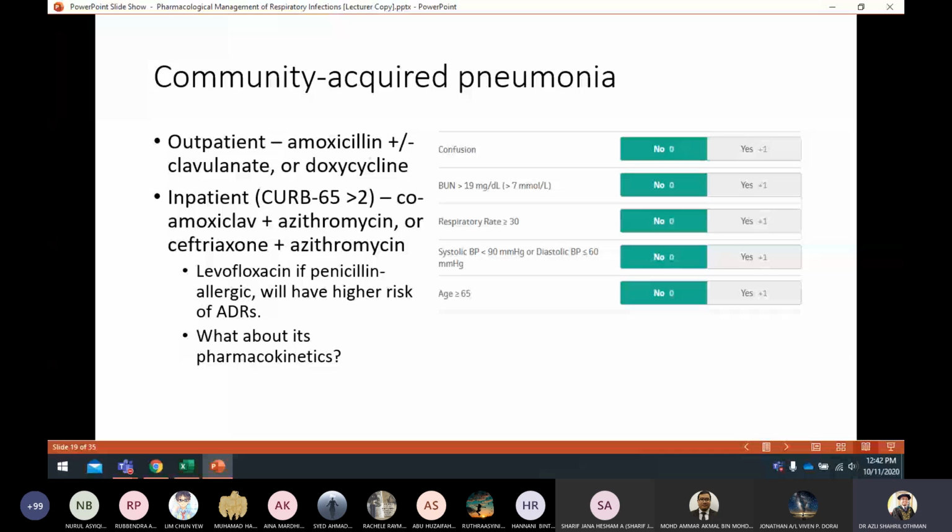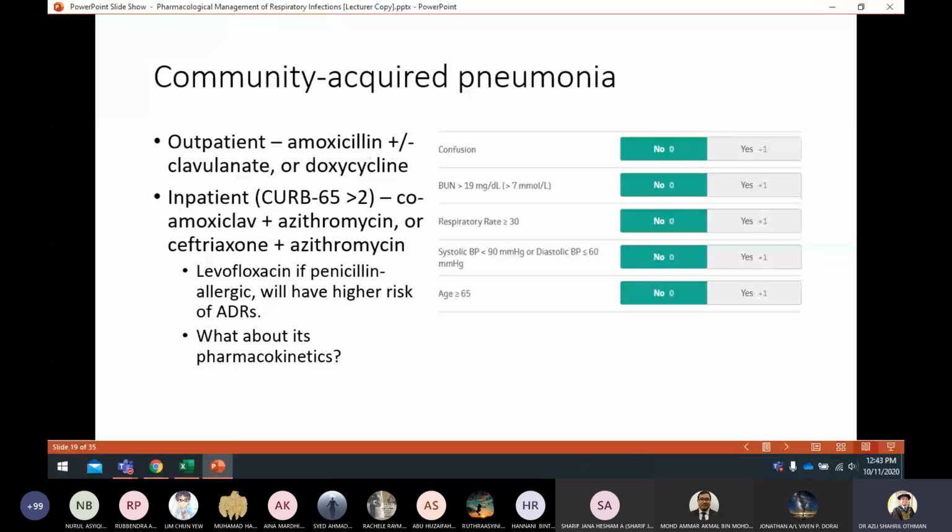Where do we find all these things? Magnesium is in multivitamins, in milk, and even in some types of drugs. They may have magnesium or aluminium content. So if a patient is being prescribed levofloxacin and, for example, also multivitamins, you have to instruct the patient not to take these two drugs together, for example for a couple of hours.